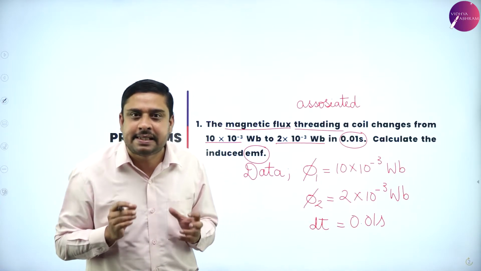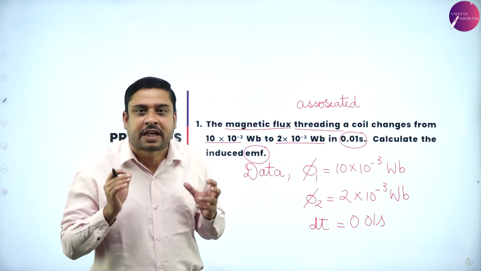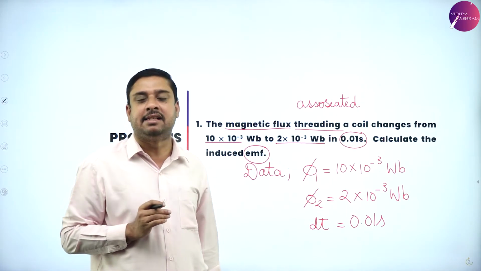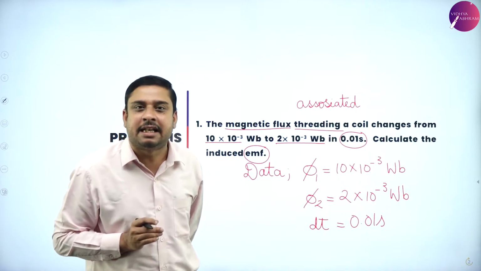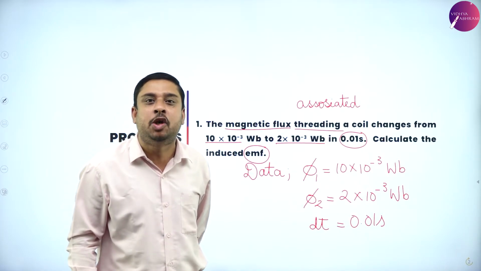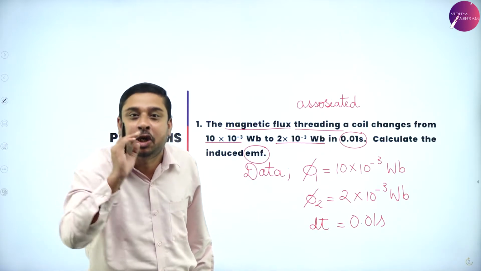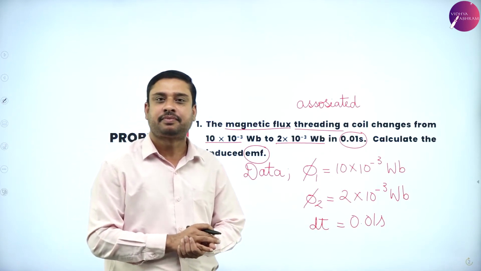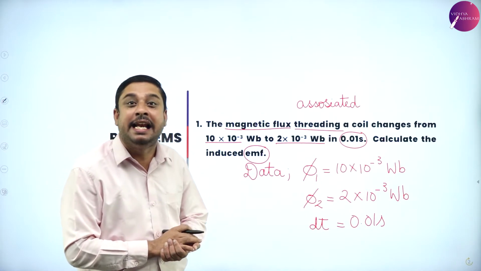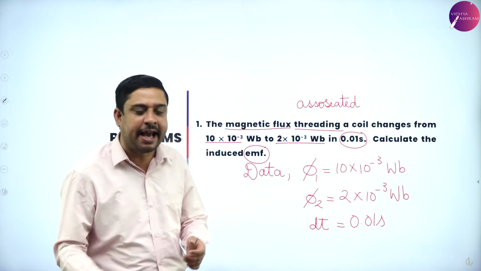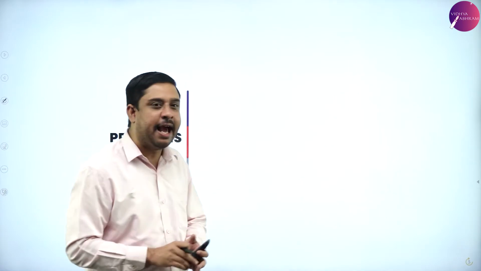So on one side, I have collected the known quantities. On the other side, now I know what has to be calculated, induced EMF. How will I relate them now? Yes, Mr. Faraday is coming to our help.